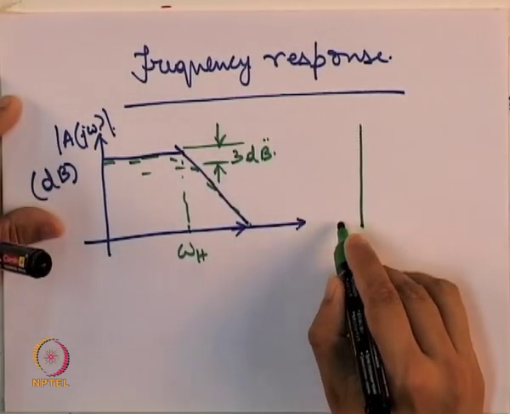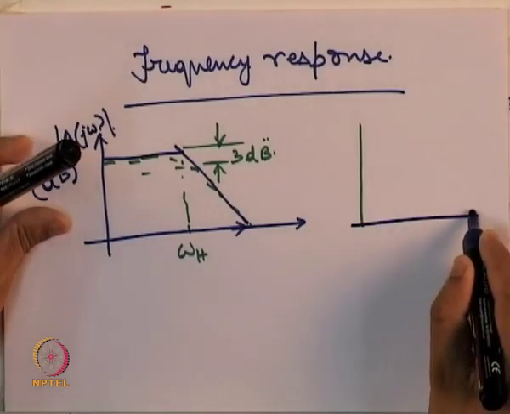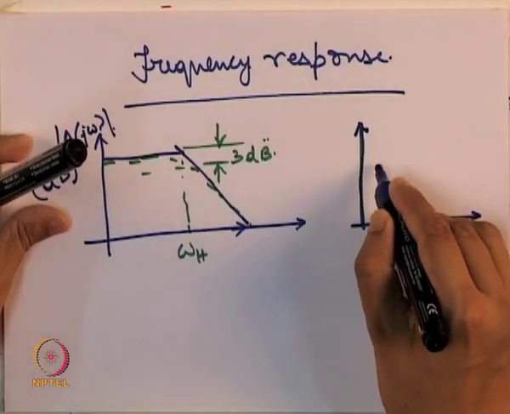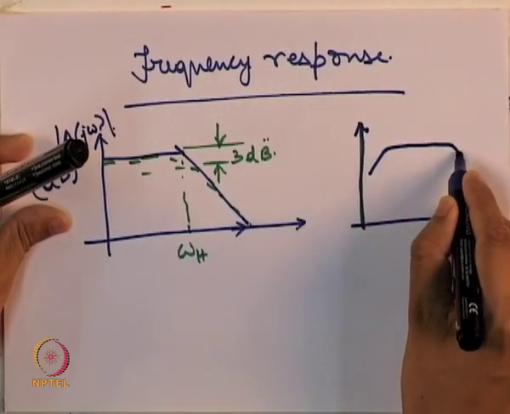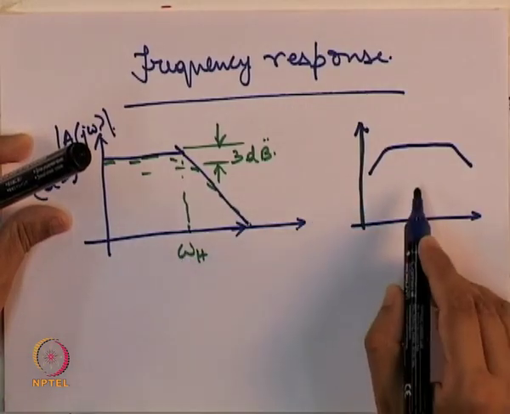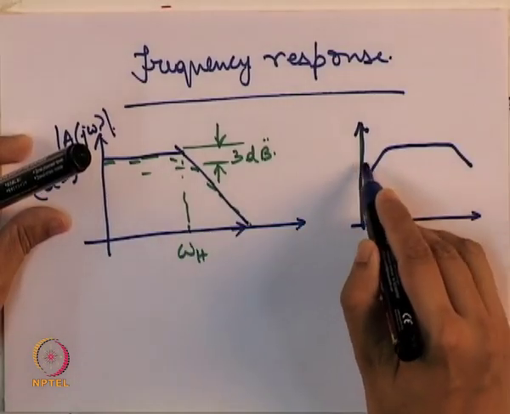Sometimes, depending on the circuit, this response can be slightly modified like this. Here we have two 3 dB frequencies, whereas here we had only one 3 dB frequency.